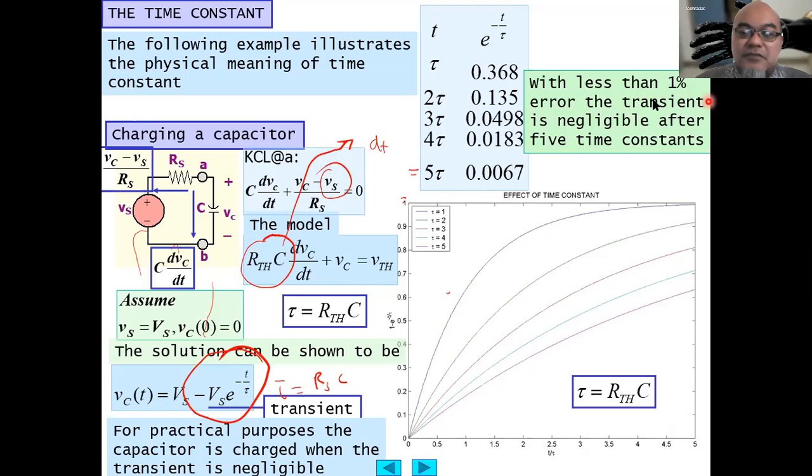If you want a quicker charging time, you have to design tau to be small. If your tau is too long, it will take too long for the resuscitation equipment to charge, and your patient cannot be revived.